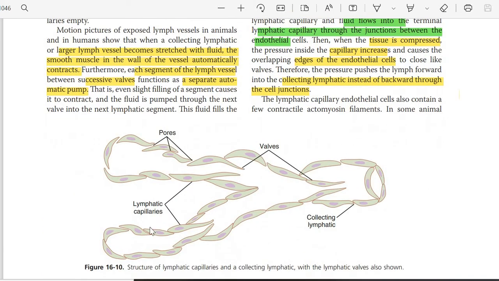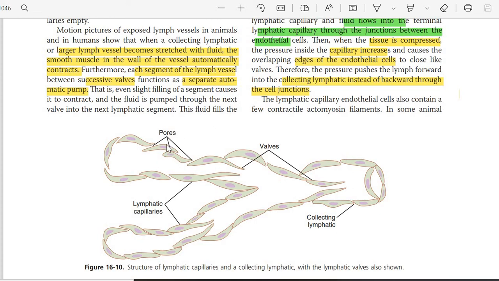Now they are talking about the larger picture. This is a lymphatic capillary. Just like a venous valve, one segment is separated from the other through this valve. Say in this tissue, because of all the factors we have discussed, the interstitial pressure is increasing and the tissue is swelling. What will happen?